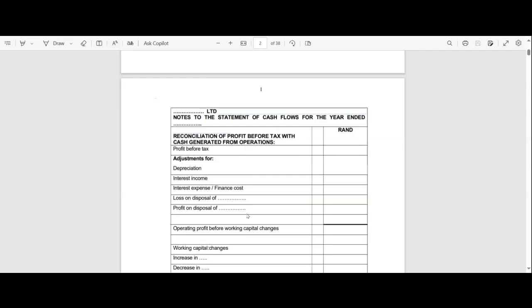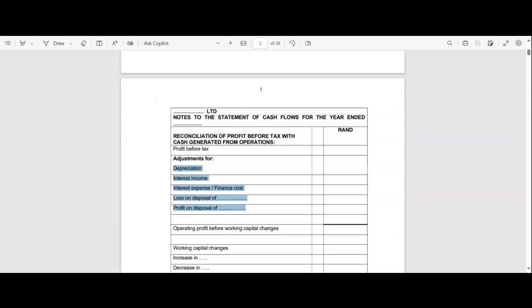What we have to understand about the structure of this note is there are two kinds of adjustments that we require in order to convert the profit before tax into a cash generated from operations. Two kinds of adjustments. And those two kinds of adjustments are the following. First of all, we have to eliminate or take out or get rid of any income or expense.